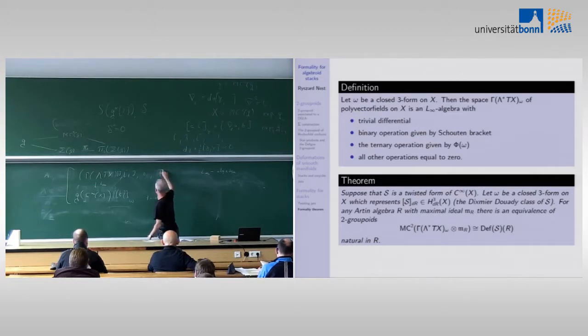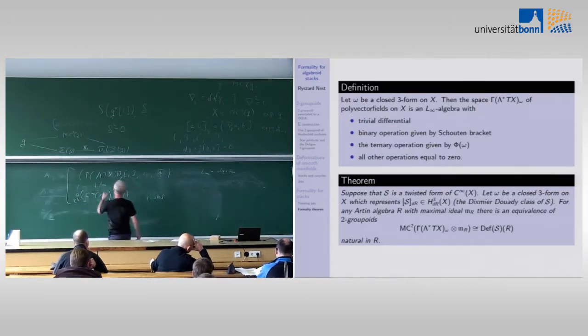So there's an extra operation. Remember, it's a DGLA. So to begin with there's no differential, there's a bracket. There's also a ternary bracket associated to this one, and it's fairly easy to imagine. Let's think for a second.